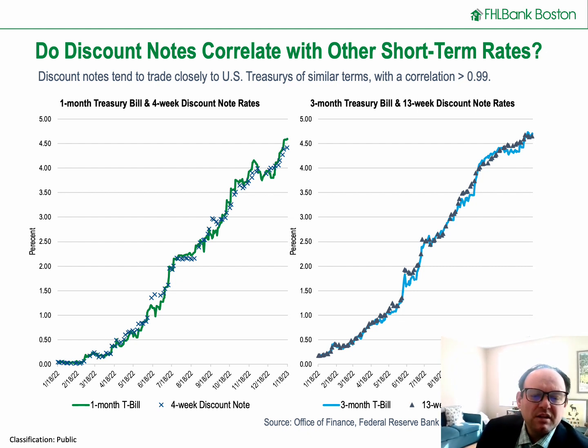And as you can see, given how tightly clustered these readings are, as we began the rising rate portion of the interest rate cycle in mid-2022 and rose at a rather brisk pace, discount notes were very tightly correlated to where 1-month Treasury bills and 3-month Treasury bills were.